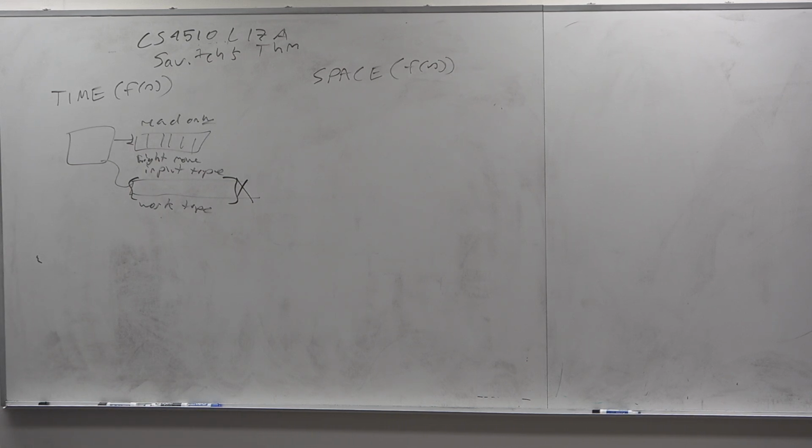What is the most trivial relationship between time f of n and space f of n? Or just time and space in general? Any relationship. Time always moves forward, and space can stay static. I think that's a more precise way of saying what I was saying, which is that you never get the time back.